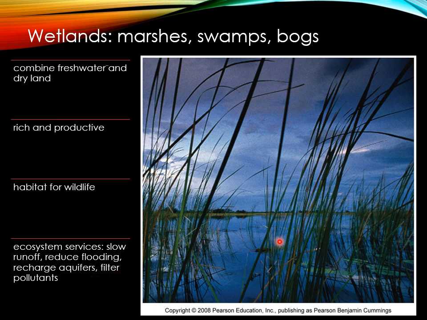Since the water is standing there, it has a lot of time to infiltrate the soil so it can recharge aquifers. And it's also a good way to filter pollutants. So a lot of water treatment plants will now have artificial wetlands as part of the water treatment because water will be much cleaner as it exits the wetlands, as all the different vegetation pulls out that pollution.